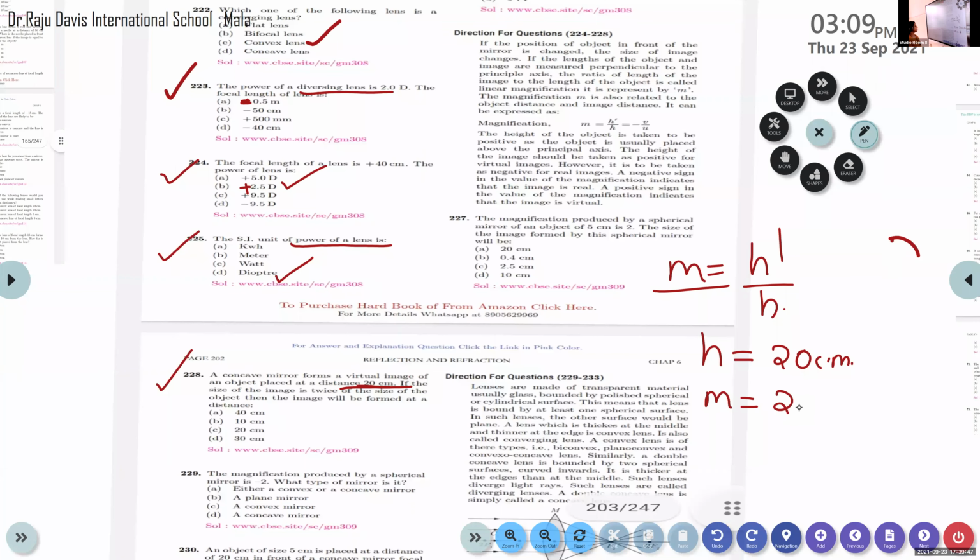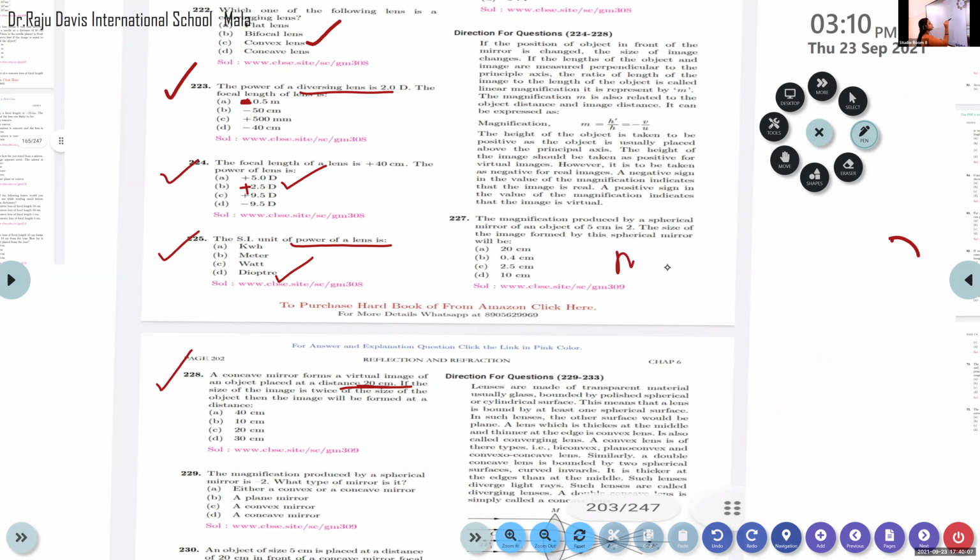A concave mirror forms a virtual image of an object placed at a distance of 20 centimeter. If the size of the image is twice as the size of the object, then the image will be formed at a distance of dash. Students, I need the answer.